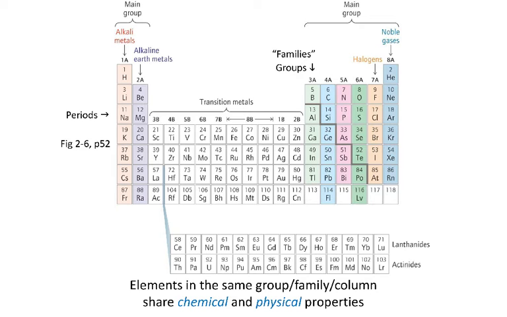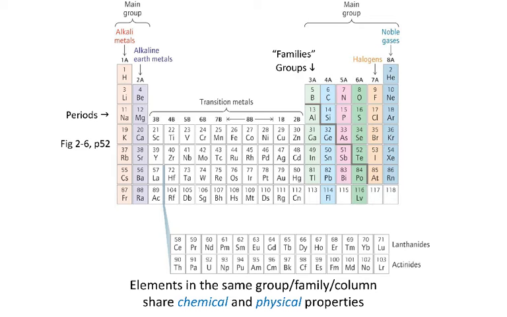We can look down a column at groups and learn about similarities within each column. These are called families or groups. And we can look across a row and we see periods.